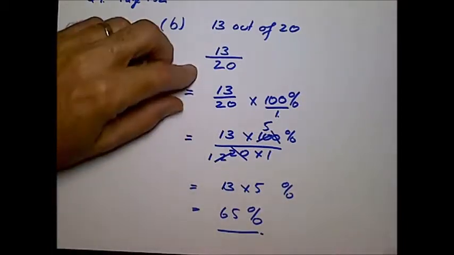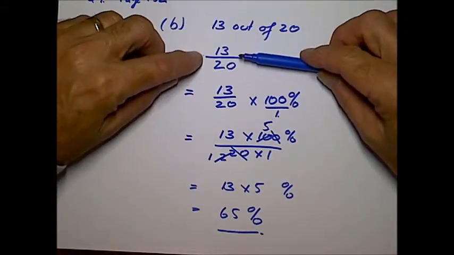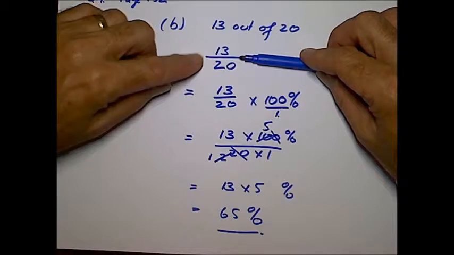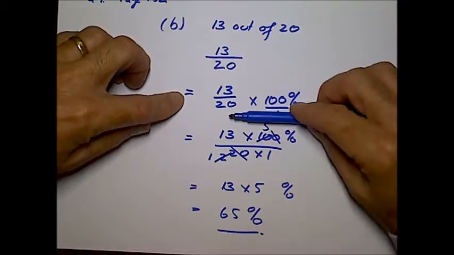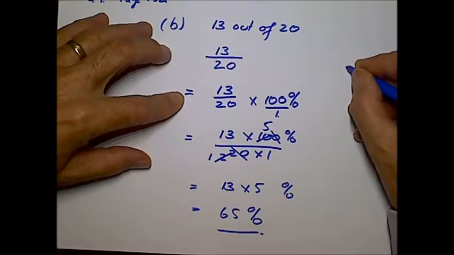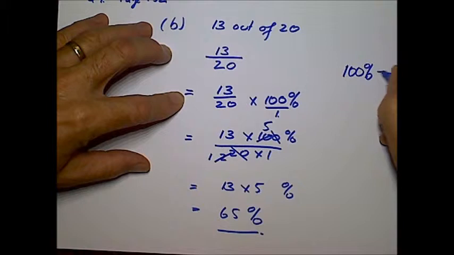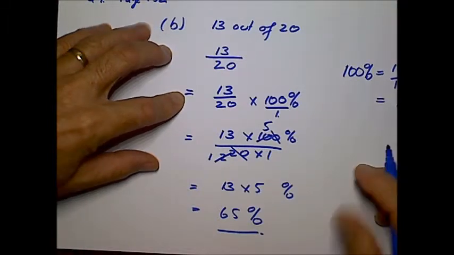Now girls, what you need to notice here is this is the setting out that you'd be expected to demonstrate. Writing it first as a fraction. Next line, equal to, and we're multiplying by 100%. Now remember, why is that equal to this? Because 100% is equal to 100 over 100, which of course is equal to 1.